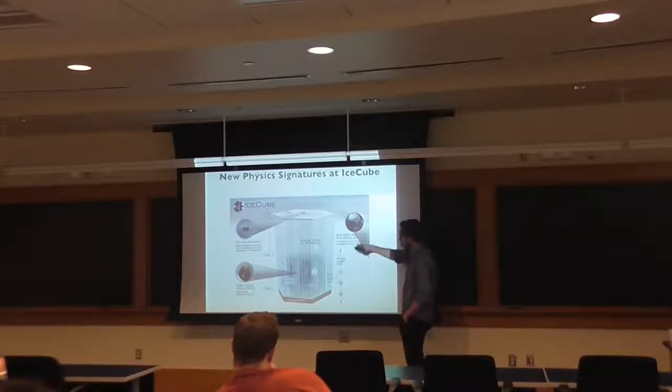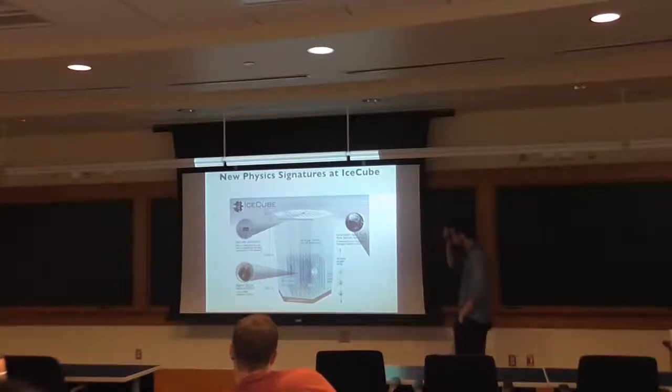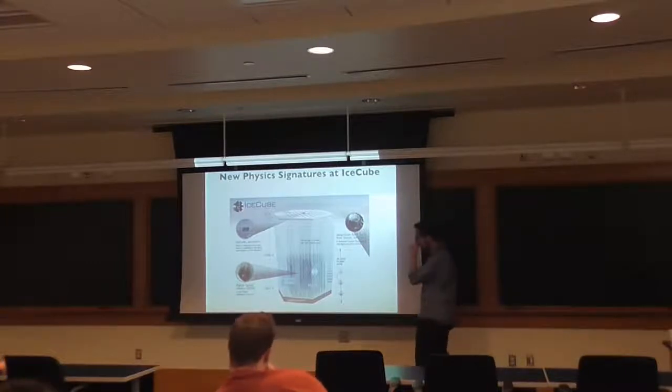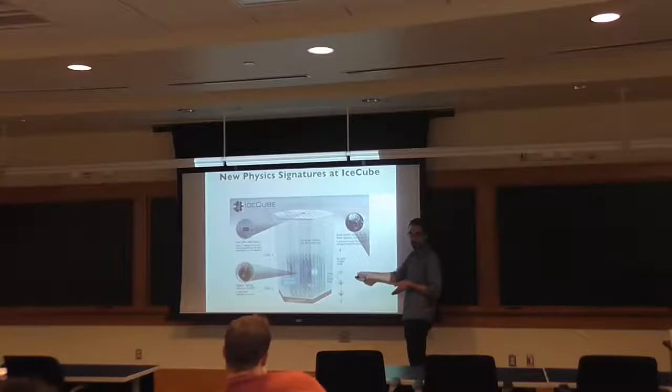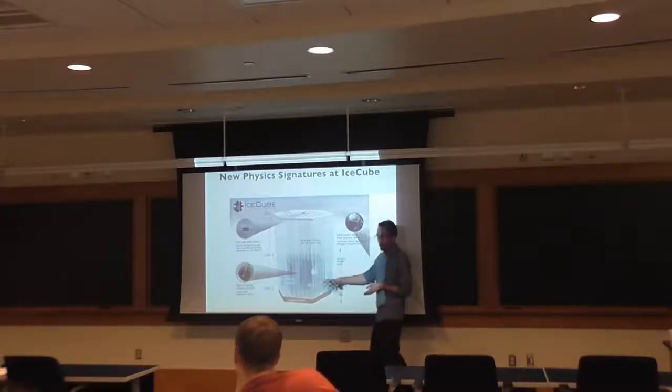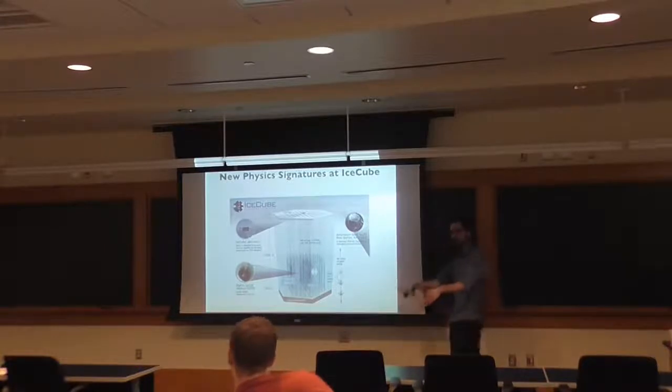So they had to drill down and then instrument this volume of ice with these digital optical modules, which are sensitive photon detectors for detecting the Cherenkov radiation that's produced when a high energy neutrino comes in, scatters in the ice, and makes a bunch of charged particles that produce characteristic Cherenkov radiation.